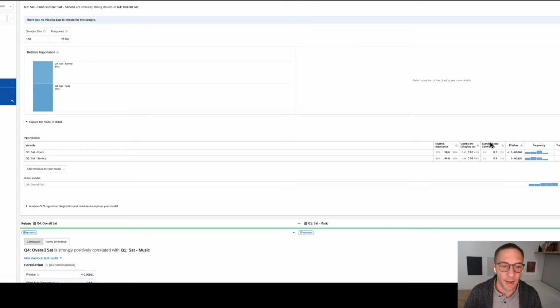So we could have service and music and location and run all of those at the same time, and we'd say, okay, the satisfaction with food, its beta is blank and its p-value is blank, while holding constant satisfaction with service, location, music, whatever other predictors we've included, okay? In this case, we've only included one other predictor. So the beta for satisfaction with food is 0.62 while controlling for satisfaction with service.